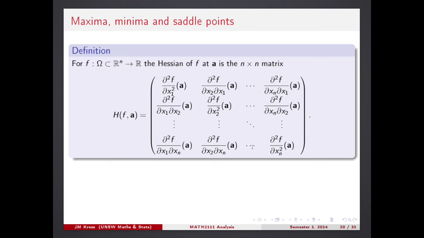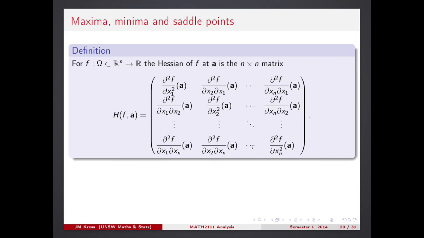We don't know how to solve polynomial equations of degree n. But it's not really a problem in this topic, because most of the time it will be a function of 2 variables, or if it's a function of 3 variables, some solutions will be either suggested or will be clear. But anyway, the Hessian matrix, that's the matrix of this structure.